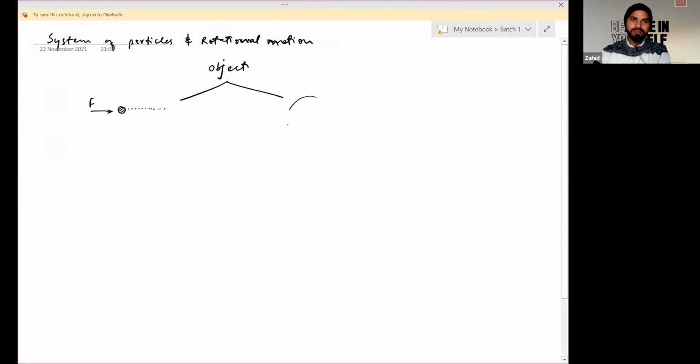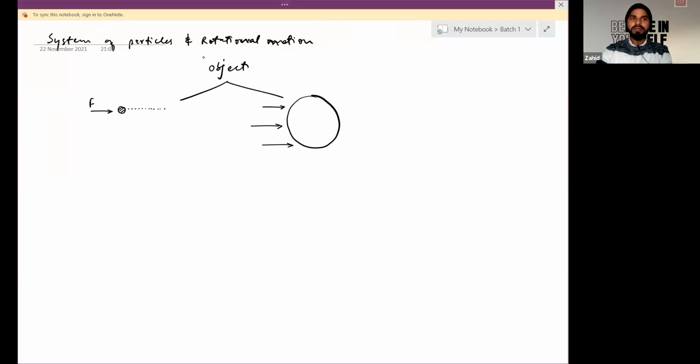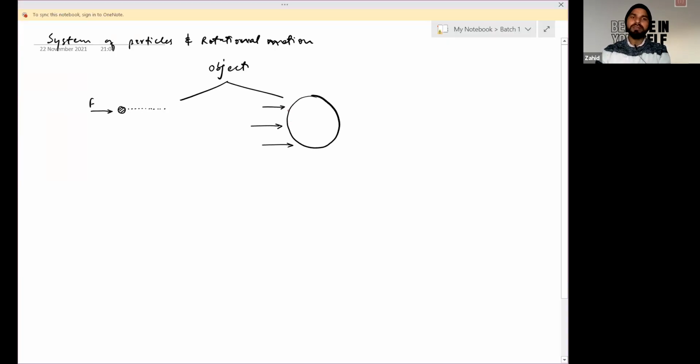But suppose you have a sphere. If you apply a force to this point, or this point, depending upon the application of force, this body will move in a different sense.